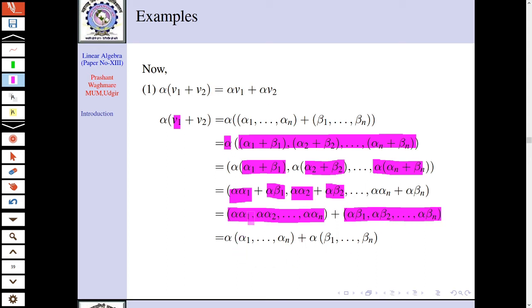Now we can observe that this is a multiplication of alpha with v1 and with v2. So what I got here is that alpha into (v1 plus v2) is the same as alpha v1 plus alpha v2. That is what we have proved. We have proved the first axiom.